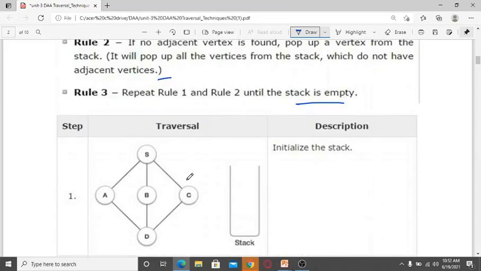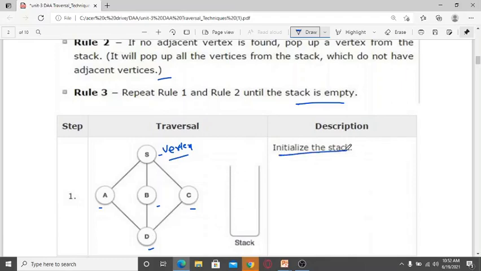Step 1. What is step 1? I am taking this graph. This graph has vertices S, A, B, C, and this is my stack.